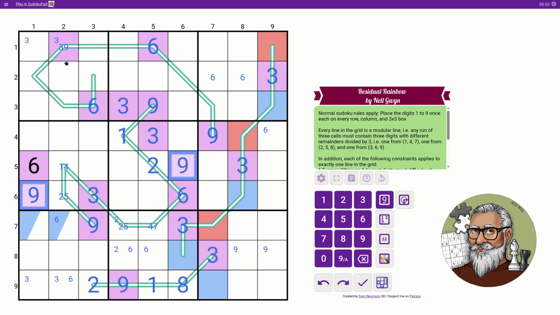Right, and now I need a 9. Well, it's one of those. Okay. I need 9 in here, which means that this becomes a 9. That's the only 6 now. That's the only 6, which means that we definitely have 6 here.